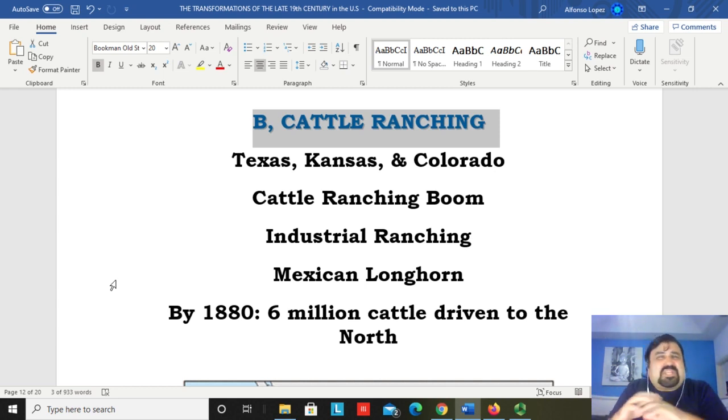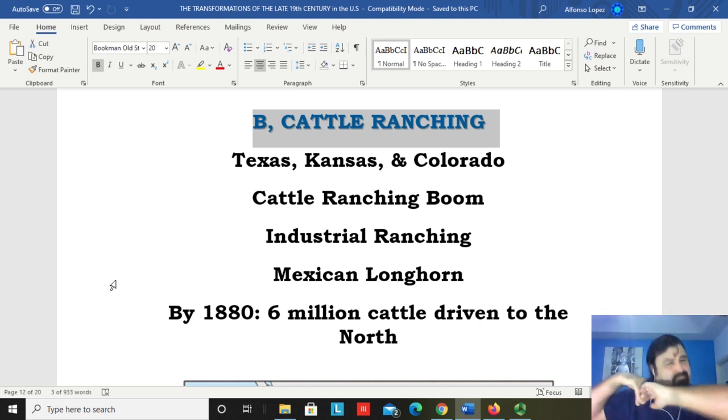It will cease to be simply a family-owned enterprise in which people are grazing perhaps 100, maybe 200 heads of cattle, and that was pretty much it. Perhaps the largest ranch prior to this time was like 500 cattle or so, and that was considered monumental, by the way. It was considered monumental in the past, but now forget about that.